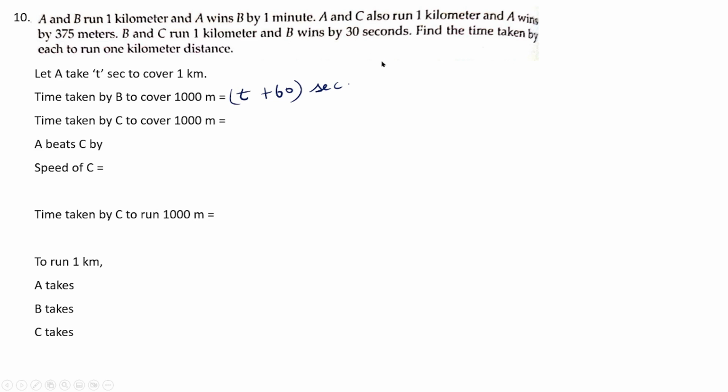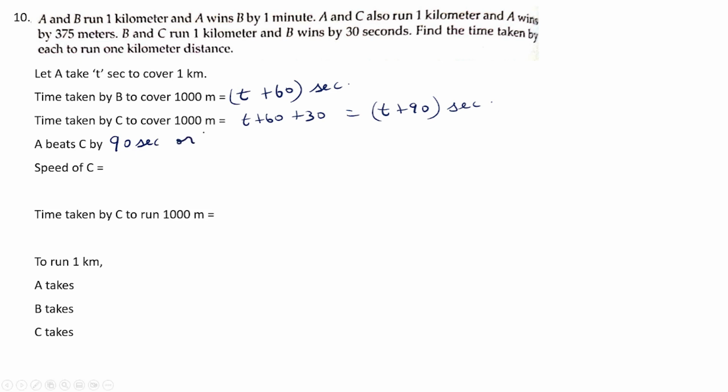So the meaning is that when B takes t plus 60 seconds, C takes t plus 60 plus 30 seconds, which is t plus 90 seconds. So when A takes t seconds to cover 1 kilometer, C takes t plus 90 seconds. So A beats C by 90 seconds.